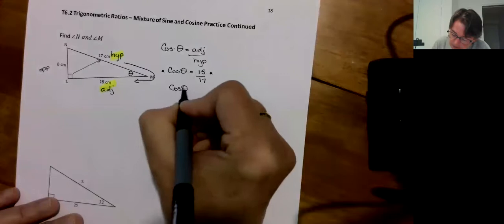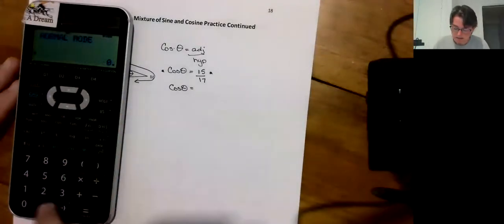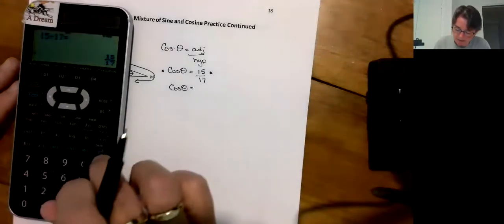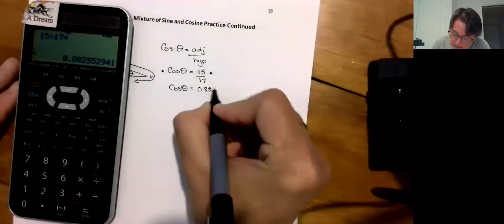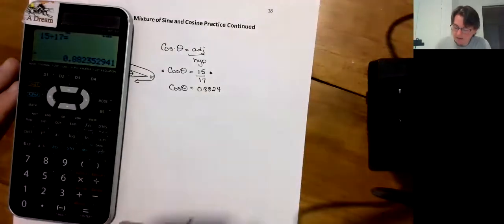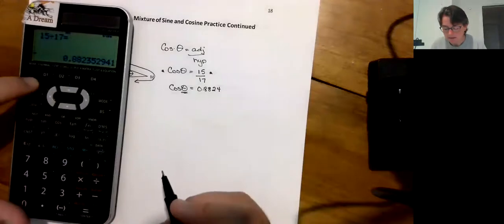So cos theta is equal to 15 divided by 17, 0.8824. And then to get my actual angle, I go second function, cos.